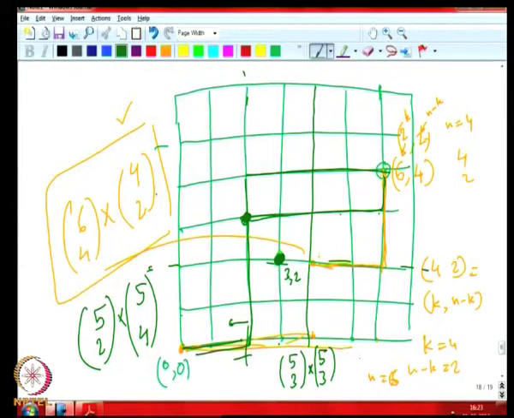We reach here first somehow, and then from here you can reach here. So by the product principle you can find the routes going through this point, which corresponds to the last problem, remember, and then through this point also. Then by the addition principle you can add them together to get the total number.